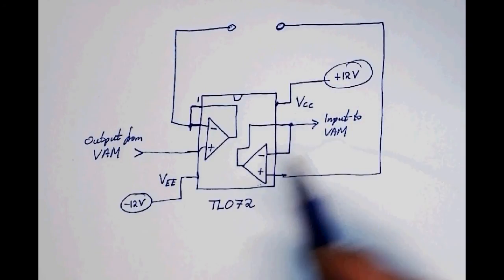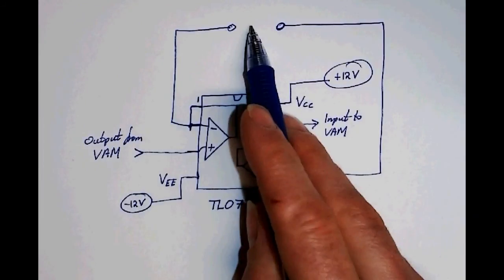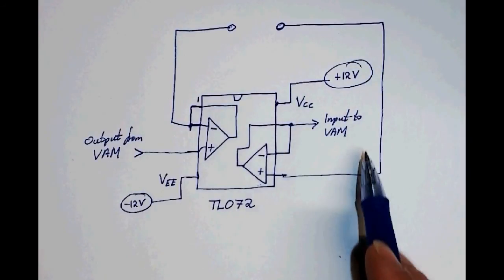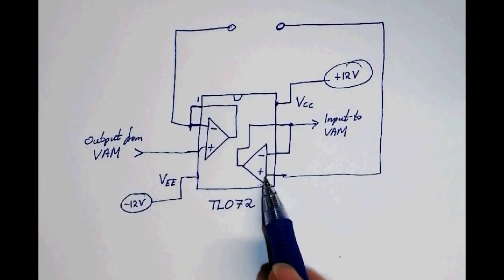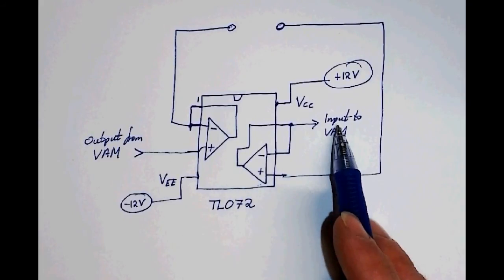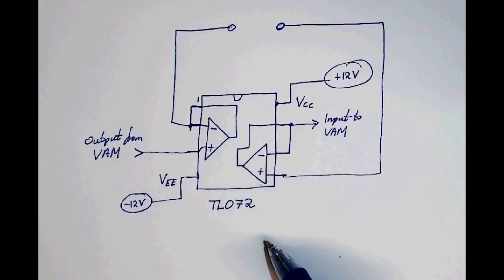And in this way, our output from the VAM gets buffered, goes through our test network between this point and this point. That signal then is further buffered, and the output from the second buffer goes to the input stages on our VAM. Right, that's the design.